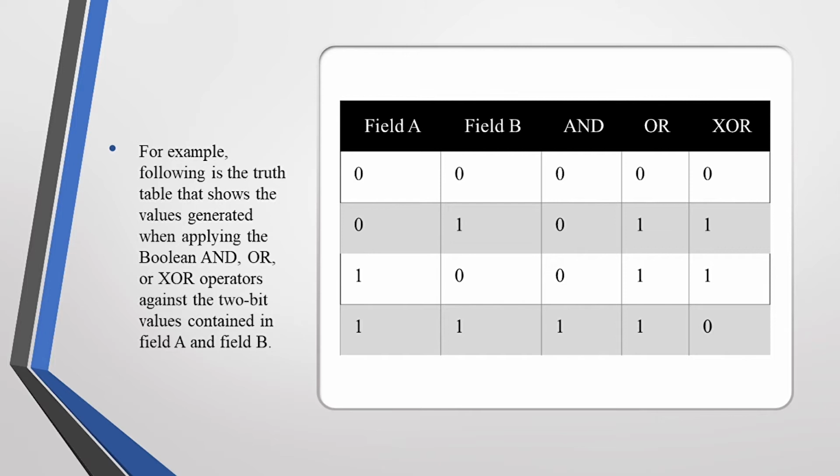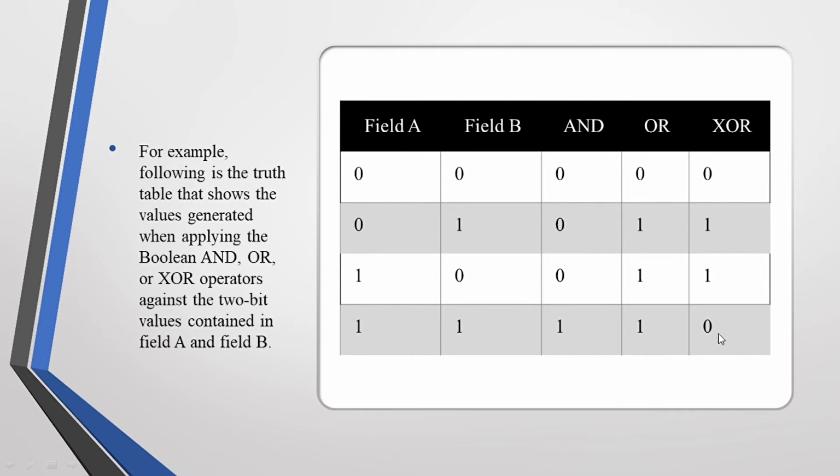When both are false, the AND, OR and XOR operators are also false. If any one of them is true, AND is false, OR is true, XOR is also true. But if both are true, then AND is true, OR is true, but XOR is false. Here true means 1 and 0 means false. Like this we will utilize these operators.